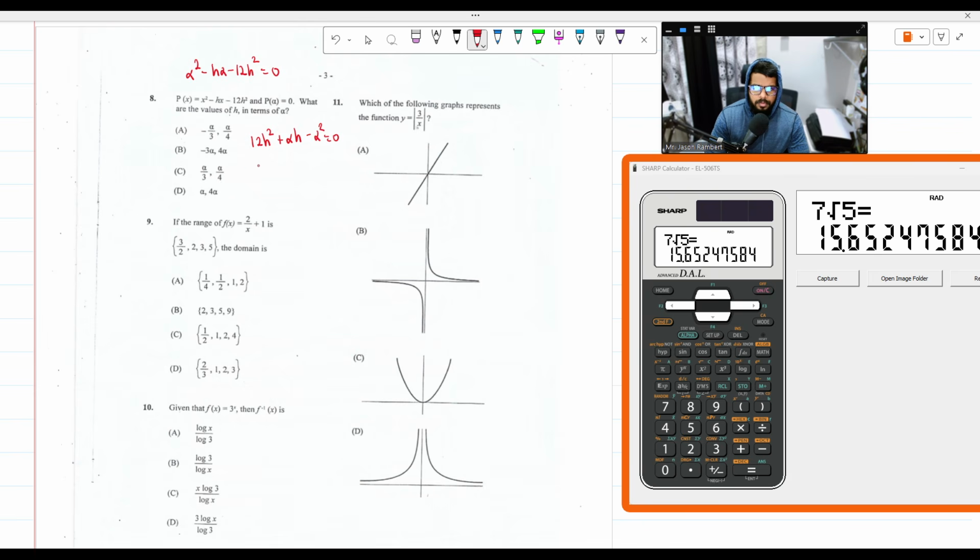Use the quadratic formula, minus b, which is minus alpha, plus or minus the square root of, and now we will get 49 alpha squared, so we will get 7 alpha, all over 2a, which is 2 into 12. So let me check and see which one would have given us the minus. So we will get minus 7, which is minus 8 over 24, which is minus alpha on 3. A is the answer.